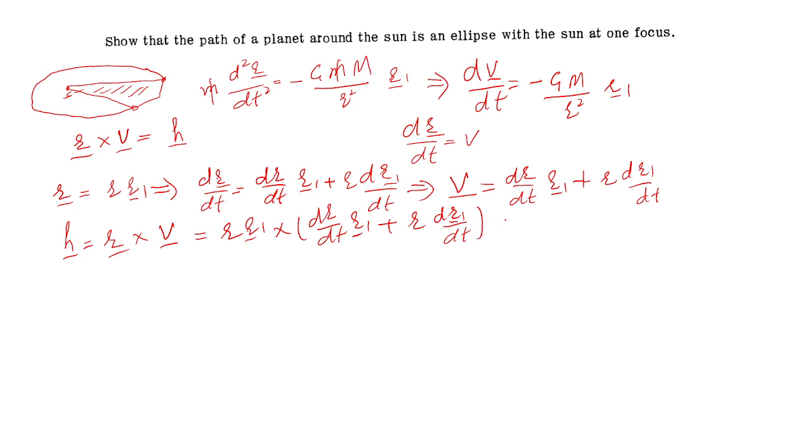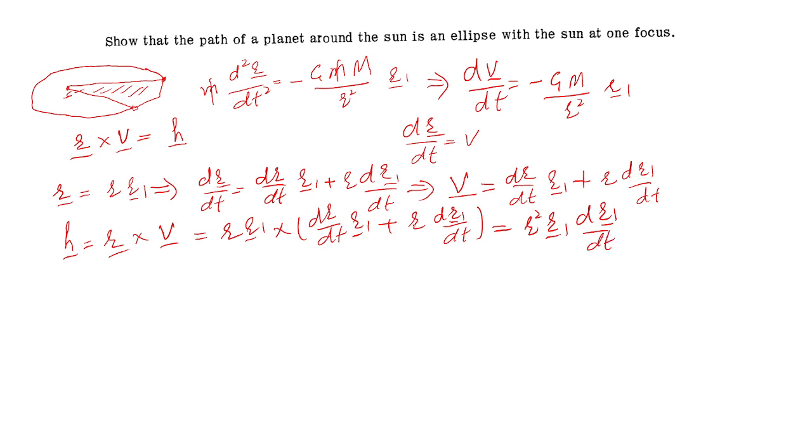So I am left with the second term, because the first term is 0 since r1 cross r1 is 0. That will give me r square r1 cross dr1 by dt.